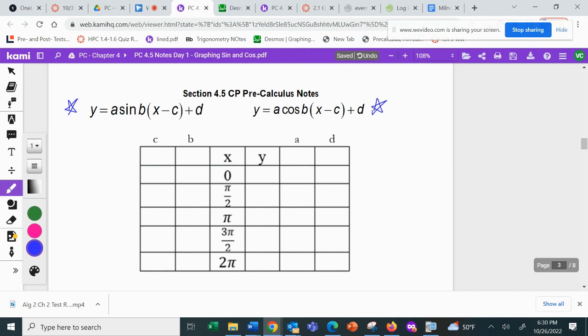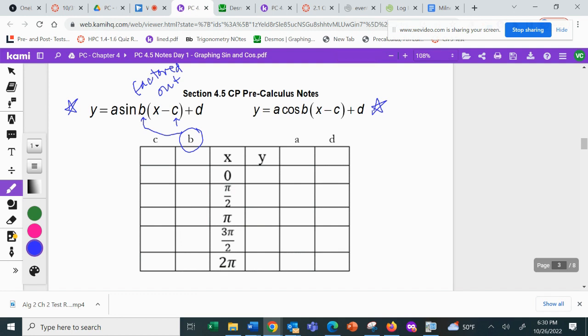The A, the B, the C, and the D just represent different columns in which we will make a transformation table. One thing I'm going to point out to you is that the B has to be factored out of that C value, or you're going to have the wrong C value. We did that in chapter 1 as well. Make sure your B value is factored out.